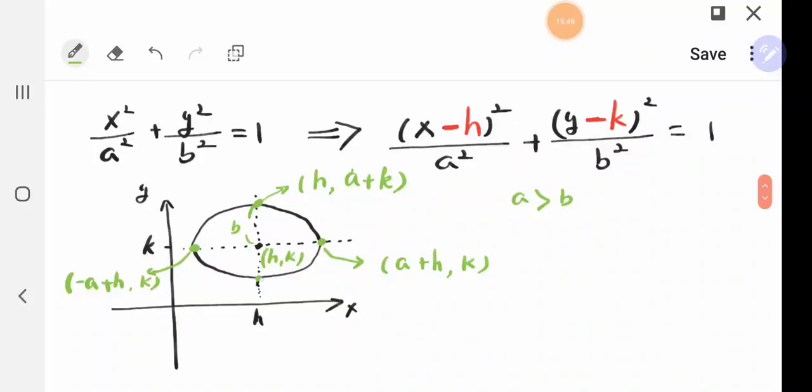How about this one? The x value is still h, and the y value was negative b, so negative b plus k. The y value was b and then increased k units. For this point, the y value was negative b, and that was increased by k.